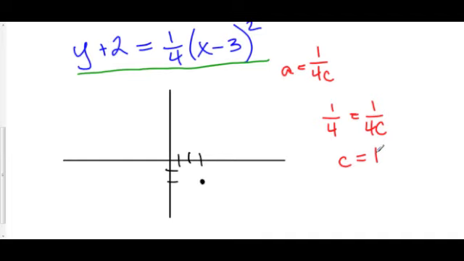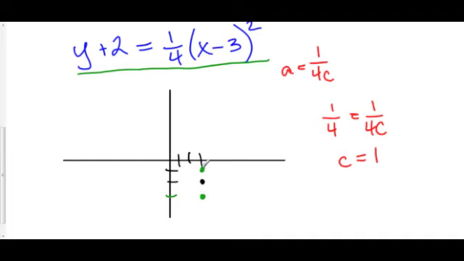Now remember that c is the distance from the vertex to the focus and to the directrix. Now, let's find my focus. If I go 1 this way, boom, here's a point. I can also go 1 this way, boom, here's a point. This point is at 3, -1, and this point right here is at 3, -3.